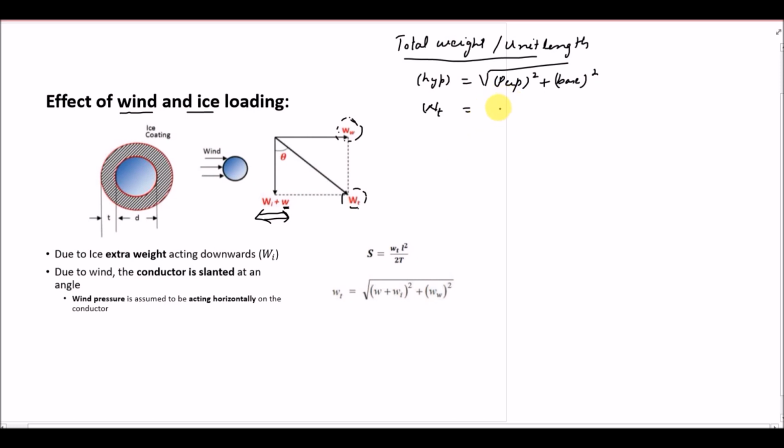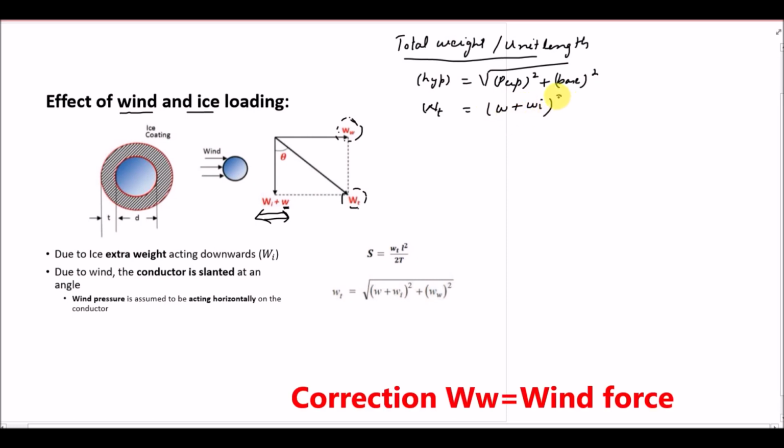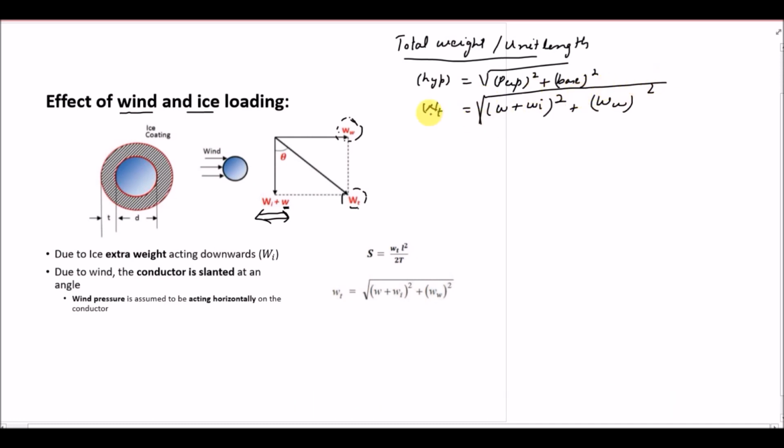So we have the square root of (W plus Wi) square plus wind pressure square. So this is the total weight that we have to calculate, and in this formula we only know the weight of the conductor. So now we have to calculate the weight of the ice loading as well as the wind pressure.